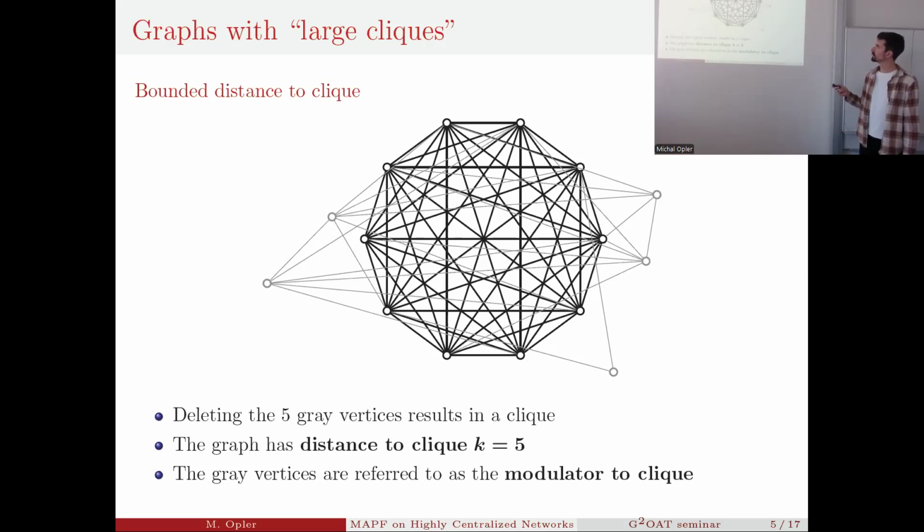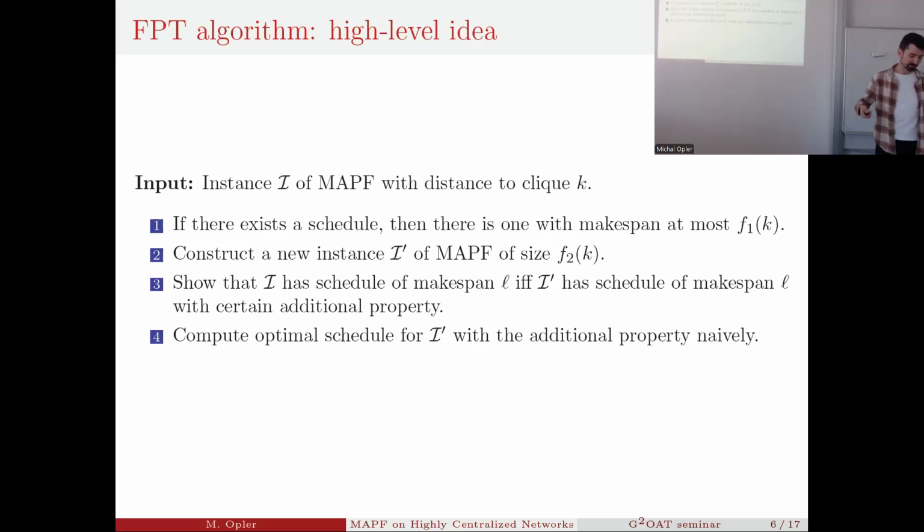All right. So what is the general idea behind this algorithm? If we get an instance where the graph has a small distance to clique, then first we show that if the instance is solvable, if there is some schedule, then there is one that has makespan bounded in the distance to clique, bounded by some function.